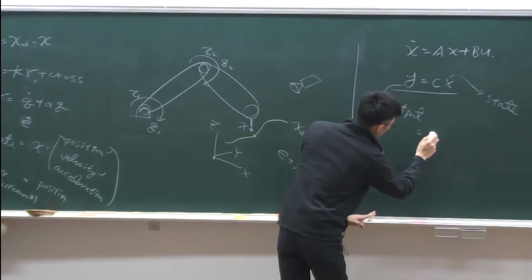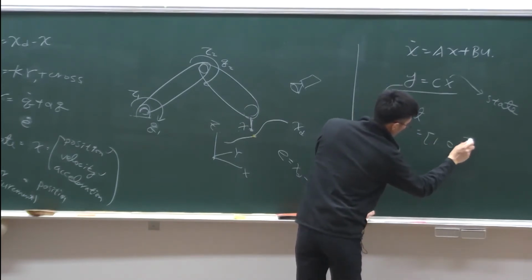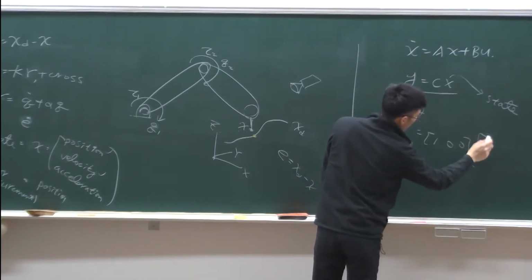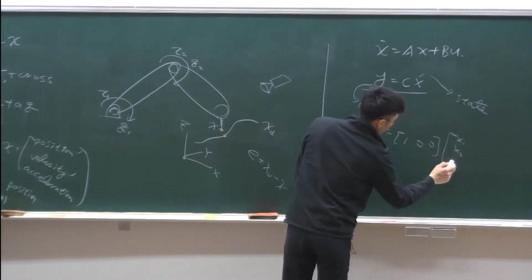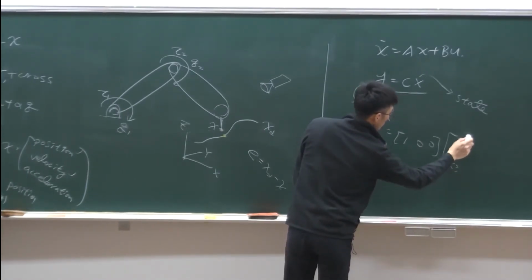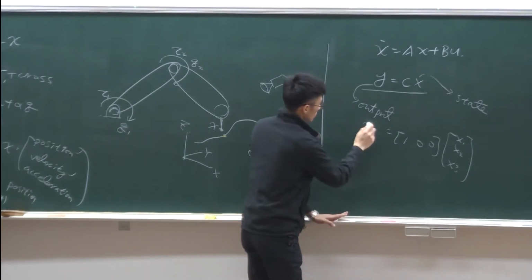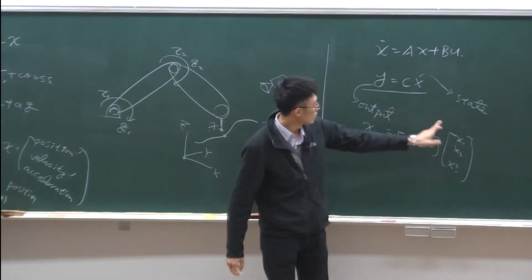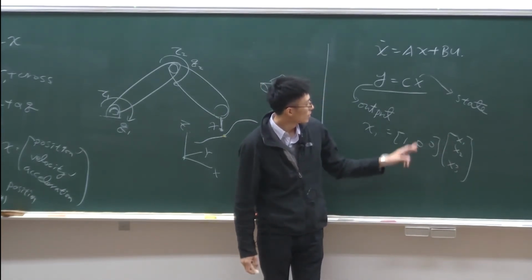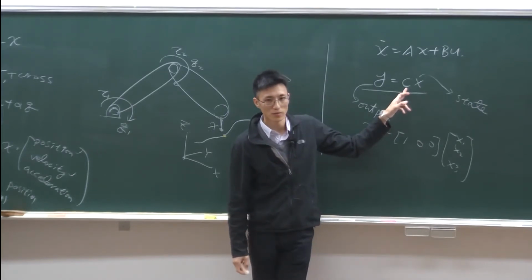If C is 1, 0, 0, X is your state, and C is the measurement matrix.